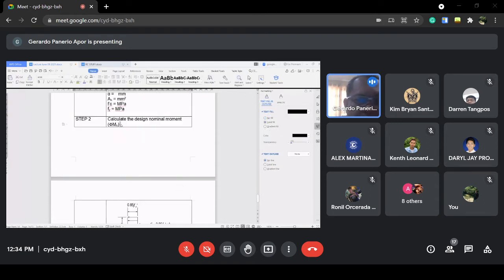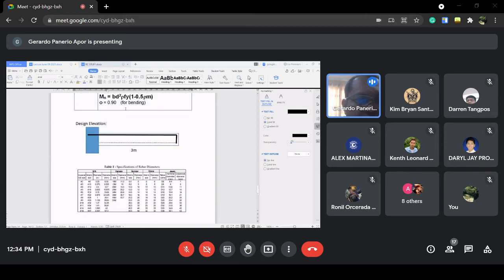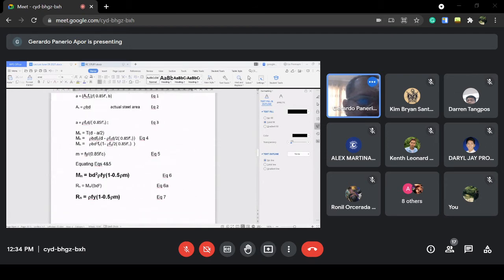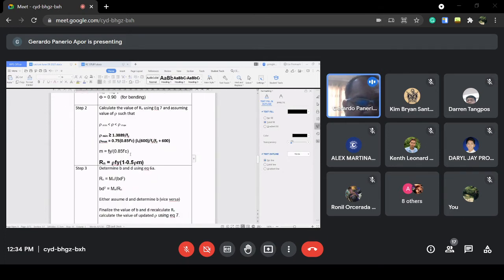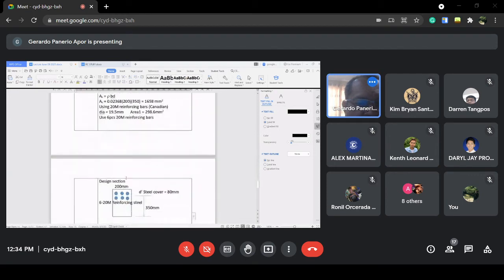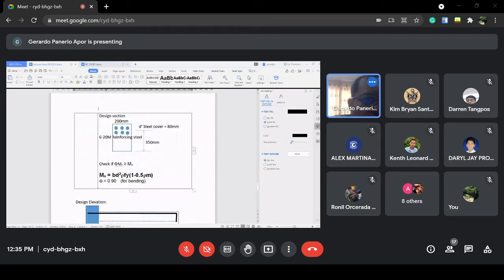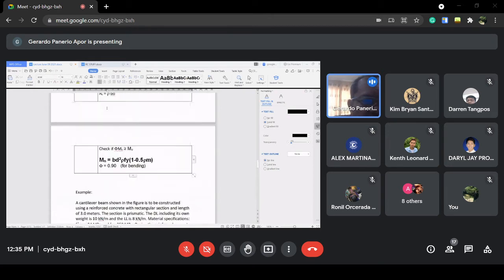But in order to calculate the MN, you are going to calculate the A. A is equal to, using equation 3, ang atong A. Wherein ang rho, makalculate mo ang rho using this equation.